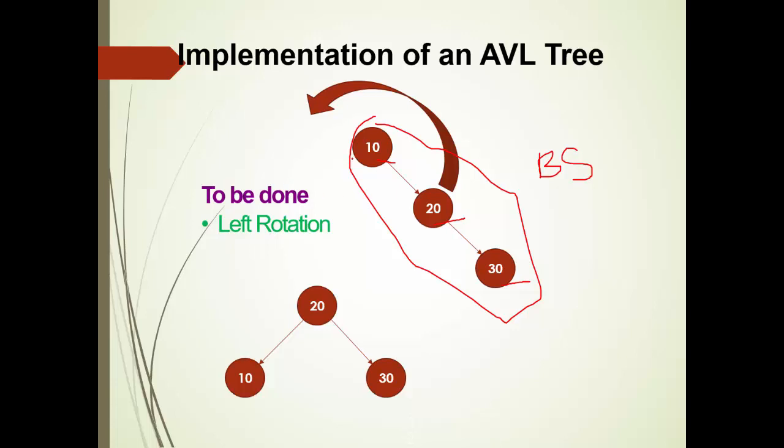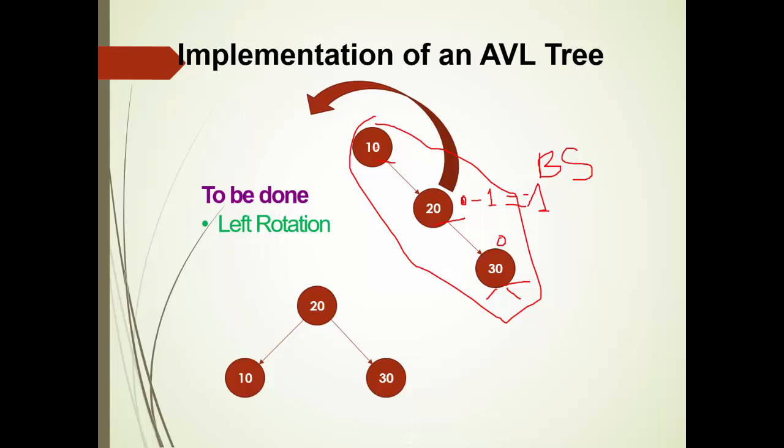Let me check. So here, right is 0, left is 0. 0 minus 0 is 0. This one, left is 0, right is 1. Then 0 minus 1 is equal to -1.